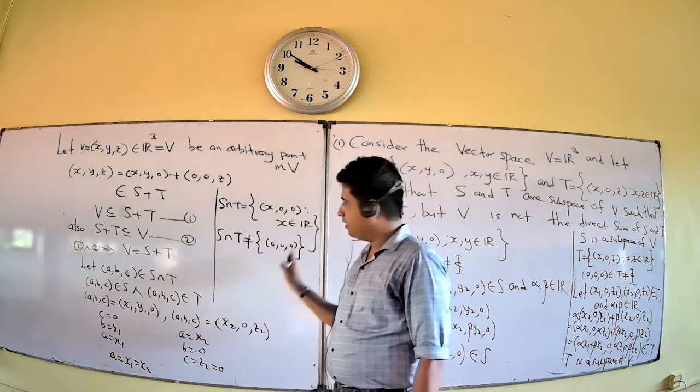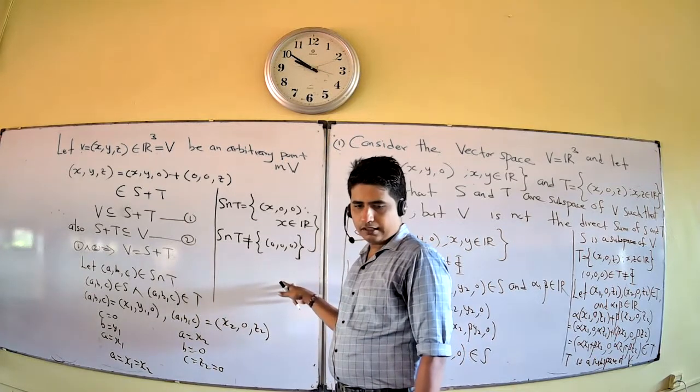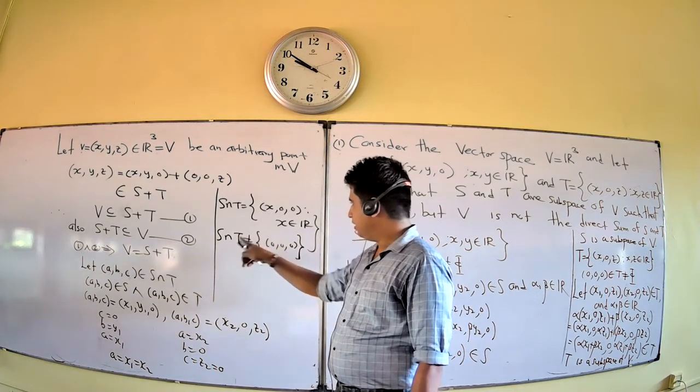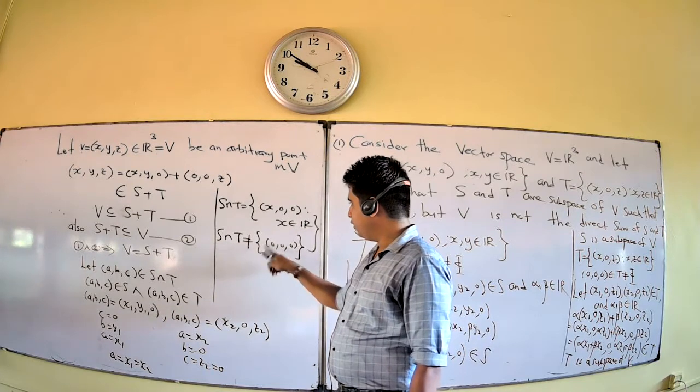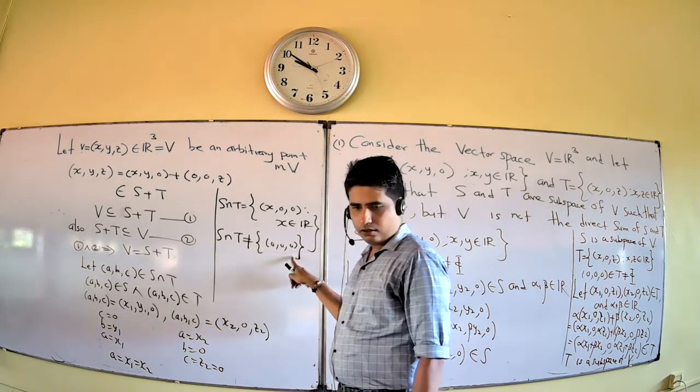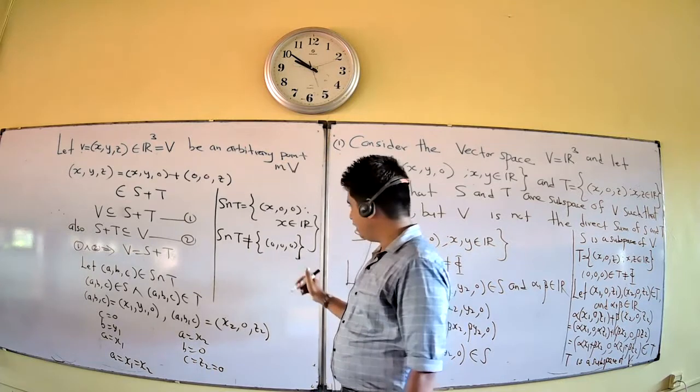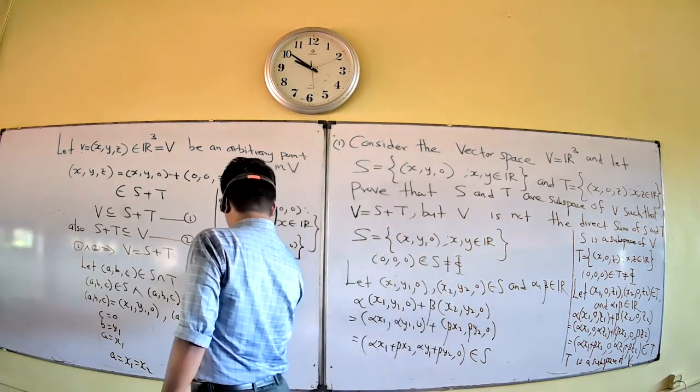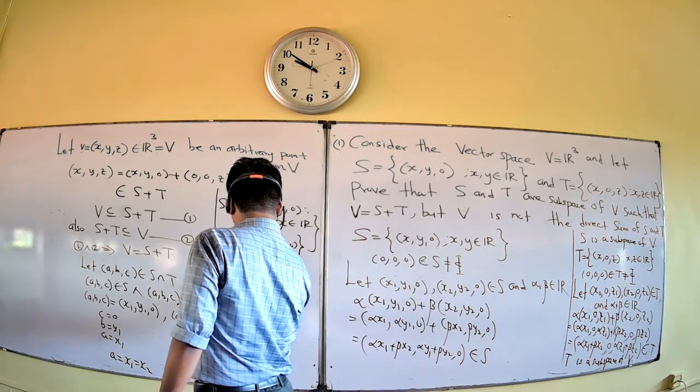But here, the direct sum condition is not satisfied because this intersection of X and T is not equal to (0, 0, 0). Therefore, this second condition is not satisfied. Therefore, V is not equal to X direct sum T.